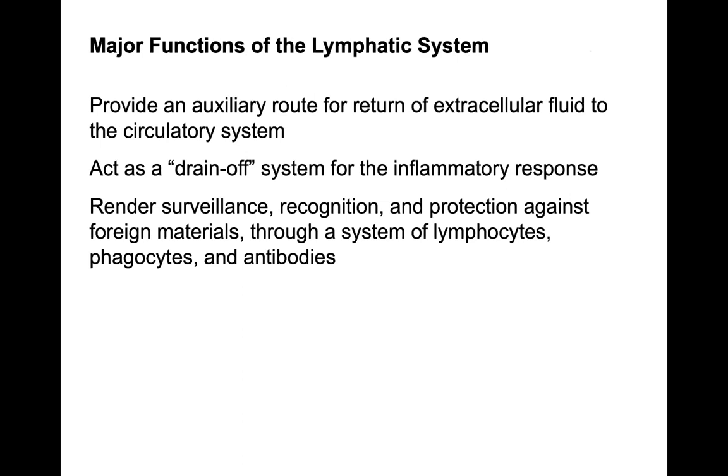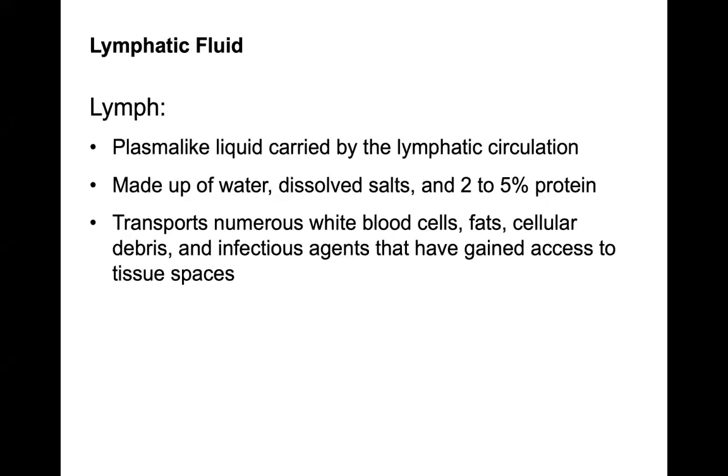Major functions of the lymphatic system are to provide an auxiliary route for the return of extracellular fluid to the circulatory system. It essentially acts as a quote-unquote drain-off system for the inflammatory response. It also renders surveillance, recognition, and protection against foreign materials through a system of lymphocytes, phagocytes, and antibodies.